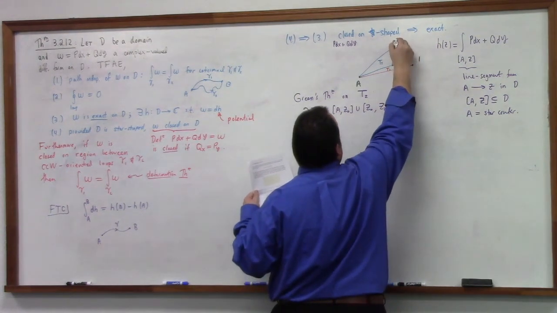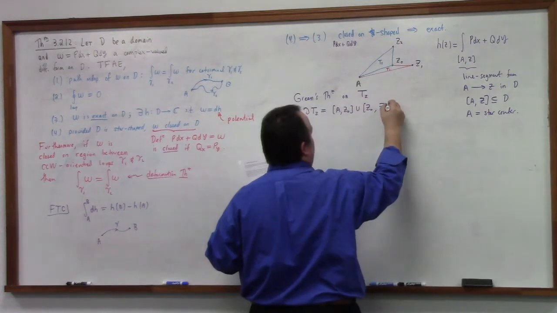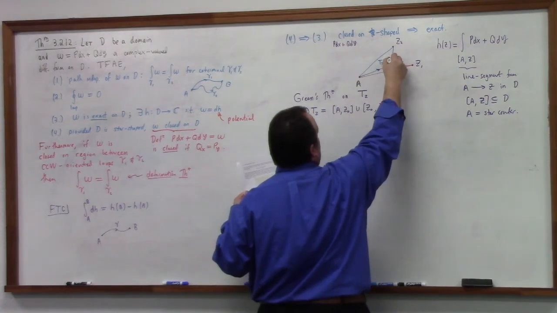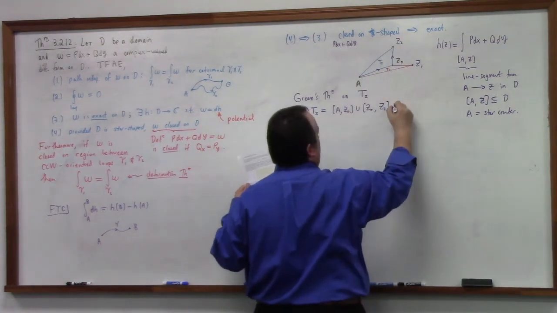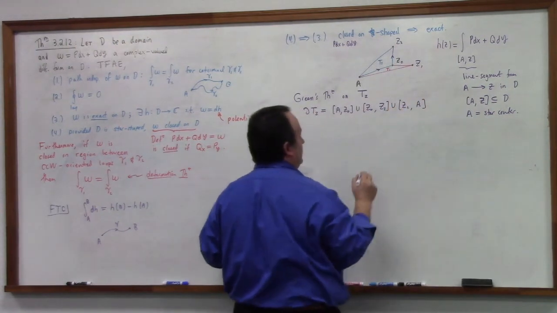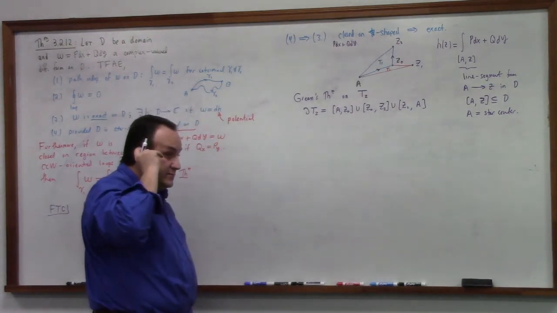I guess I should call it Z2 and Z1. My picture in the notes is kind of lazy. I've got a 1 and a 2 there, and so we go this way, counterclockwise, and then I go from Z2 back to A again. That's the positively oriented boundary of triangle 2.